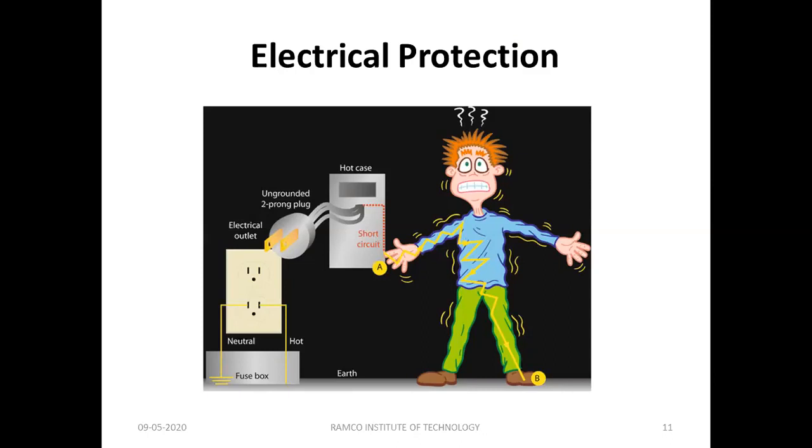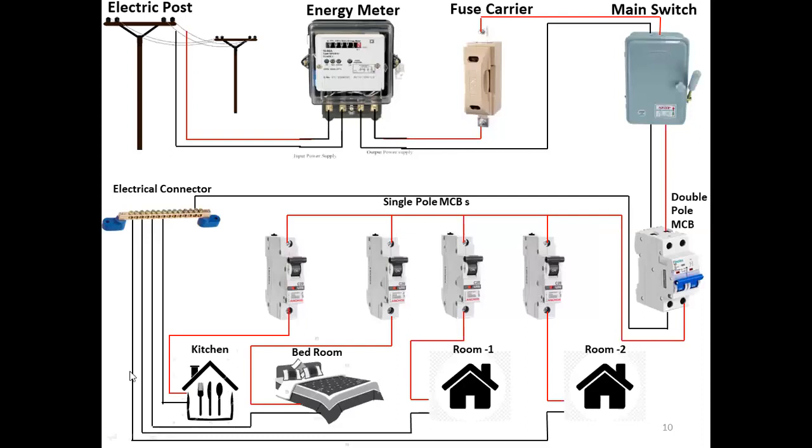Let me tell you an example, right? For example, in your home there may be a fault, some phase and neutral connection may be joined together, or some overloading, anything may be there. Some fault is there, so what will happen is immediately your circuit breaker trips. See the distribution board. We have a separate circuit breaker.